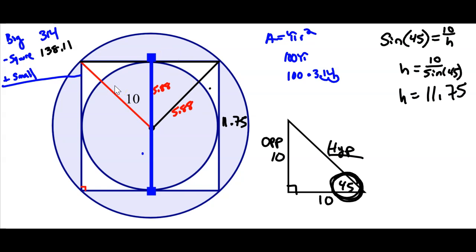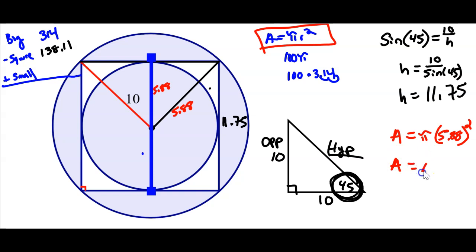So now I can take 5.88 and put it into my area of a circle. So area equals pi times 5.88 squared. And then I get 34.57. I'm going to times that by 3.14. And I get the area of the small circle is 108.56.